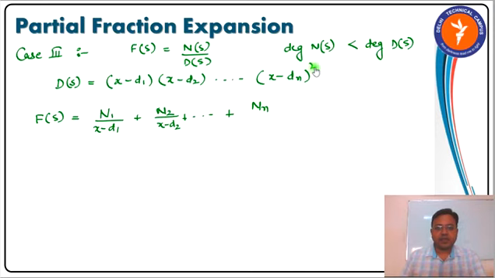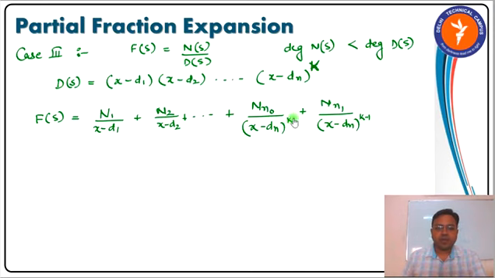let us generalize it. Say we have a multiplicity with the power of k. Then the residue can be written as nn0 divided by (x minus dn) raised to the power k, plus another residue nn1 divided by (x minus dn) with the lower order k minus 1.